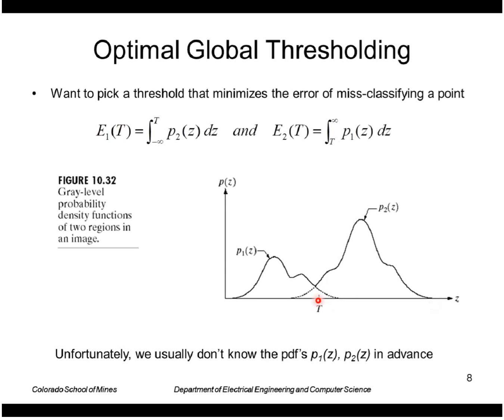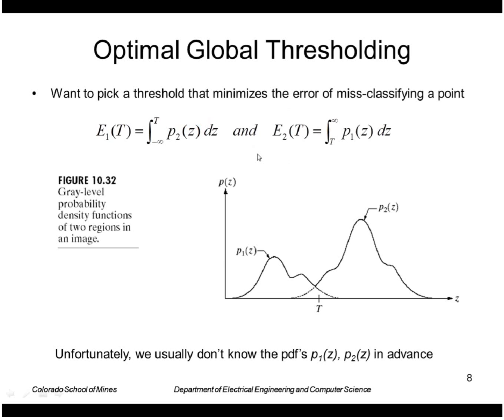Then choosing a threshold, say here, would mean that you would misclassify some points of group 1, and this would be the total probability of that misclassification. Similarly, we would misclassify some pixels in group 2 that happen to fall below the threshold. So we want to minimize that total error of classification.